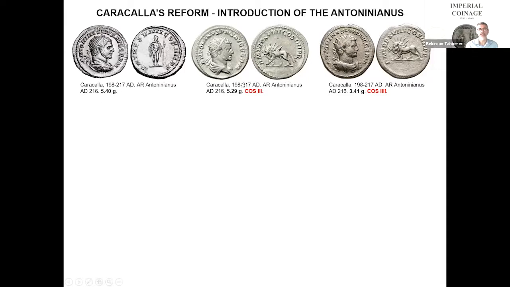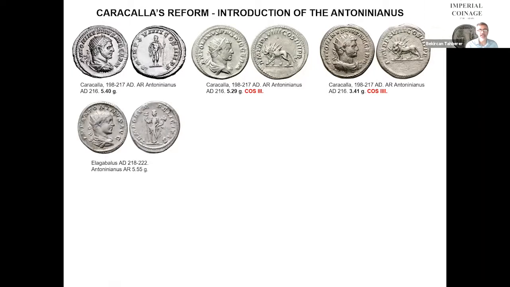Even during the first year of this reform, you see coins minted in a range between 5.50 to 3.50. So 2 grams of difference at the same time. It's a huge difference. Elagabalus managed to keep the weight, even though we see quite many examples in reduced weights. No Antoninianus during the time of Severus Alexander.